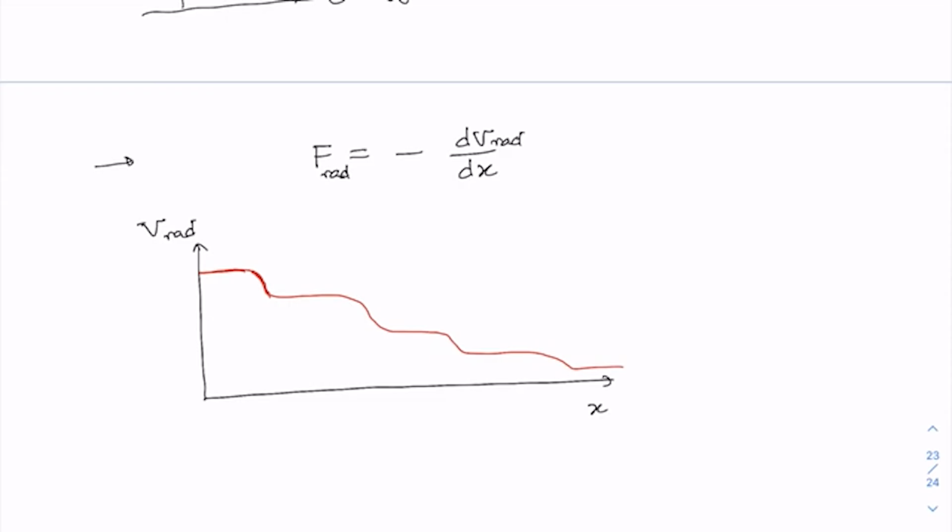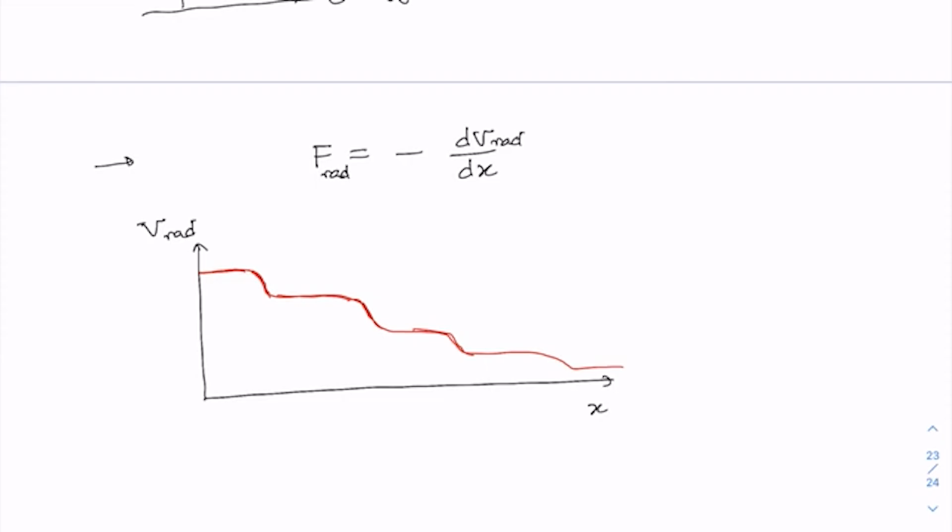Okay, and we'll have another step, and again another step, and so on. Whenever we have a resonance, we are going to have a step here. These steps are actually rounded as the peaks are not infinitely sharp. This is only the radiation induced potential.